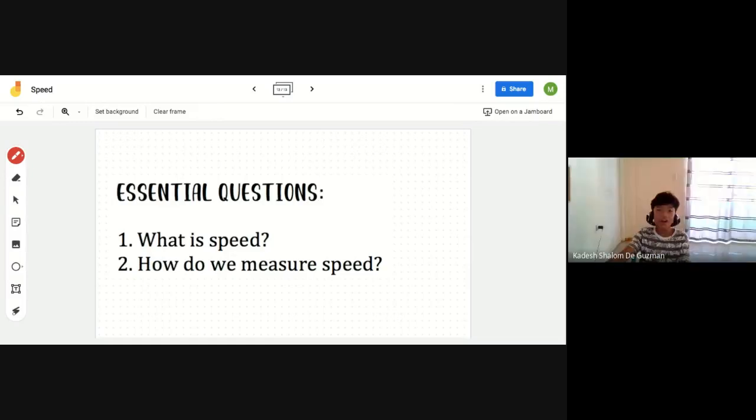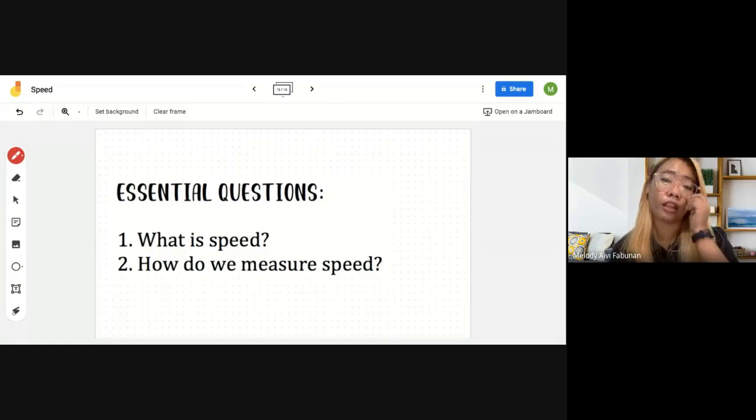Seconds. Okay. So the things that you have to remember about speed, number one, double check if your time is given in terms of unit. Kung naka-minutes siya, it has to be converted to seconds first. So that's the first thing that you have to look for, kung yung time ba ay naka-minutes or naka-seconds na. Next, you have to double check your units. Okay?